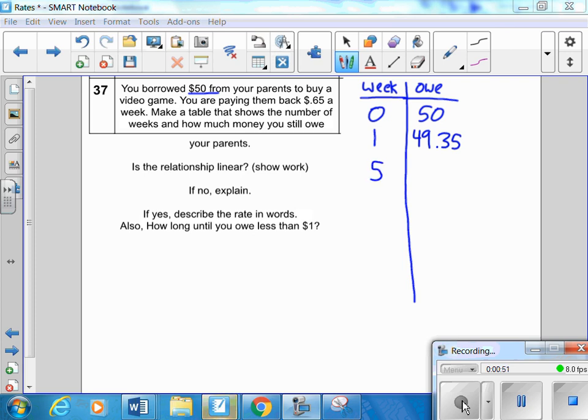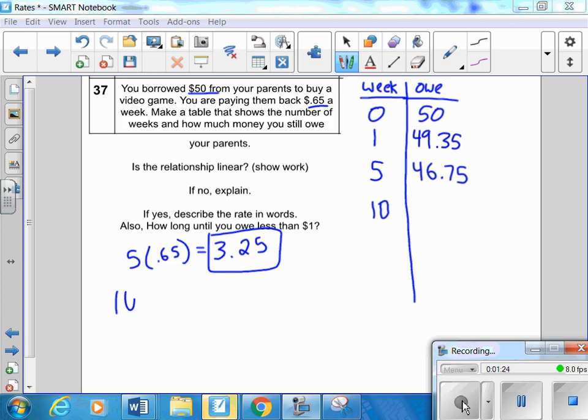If we pay them back 65 cents per week, and you take 5 and multiply that by 65 cents, that's going to give you $3.25. So that's how much you're going to pay them back, $3.25. Subtract that from 50 and you get $46.75.